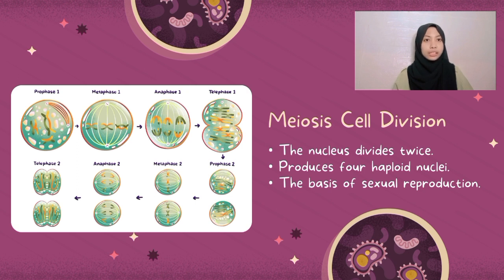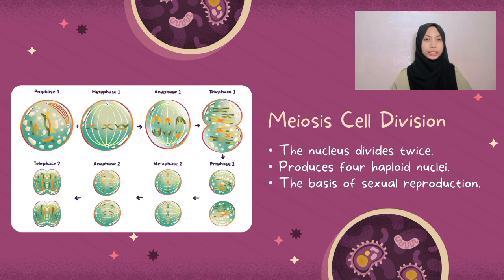So it can be seen in the picture, if in mitosis cell division the stages are prophase, metaphase, anaphase, and telophase, in meiosis cell division the stages are prophase 1, metaphase 1, anaphase 1, and telophase 1. After that, it continues with prophase 2, metaphase 2, anaphase 2, and telophase 2.